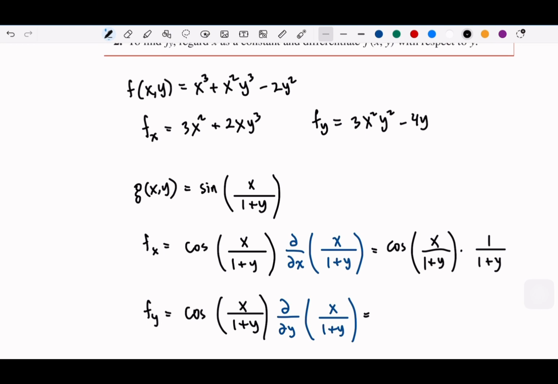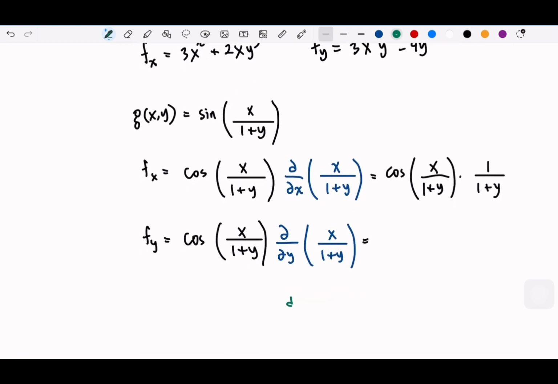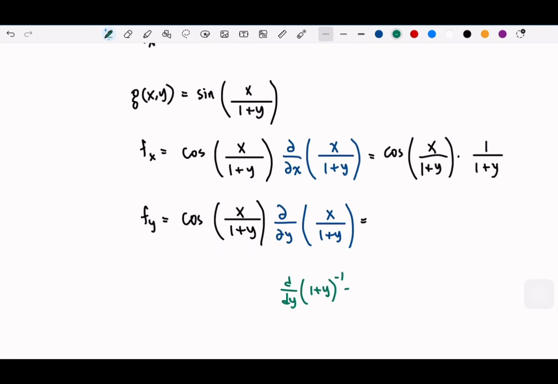Okay. So let me just write that for you. So this means that I will write here, I will just make it into d, just to let you know how we did this. So negative 1 plus y, negative 2, right? Or it will be negative 1 over 1 plus y squared. Okay. And then we multiply the x since it's a constant. Okay. And since it's negative, I will write the negative in the front. So let me shift this to the right.